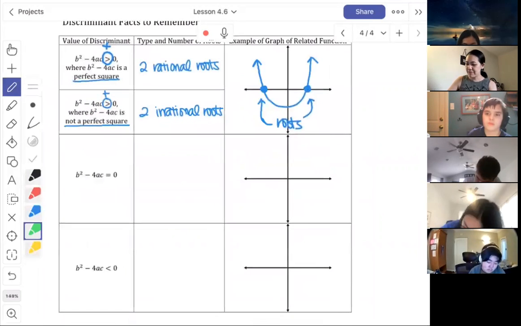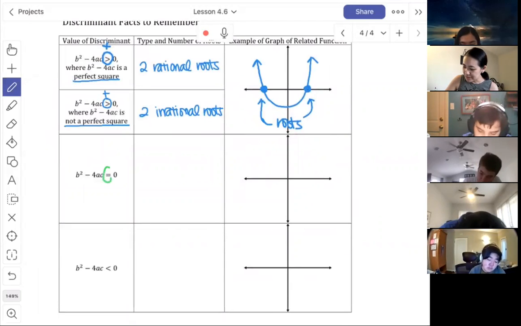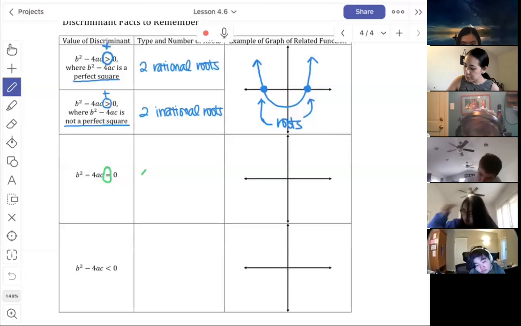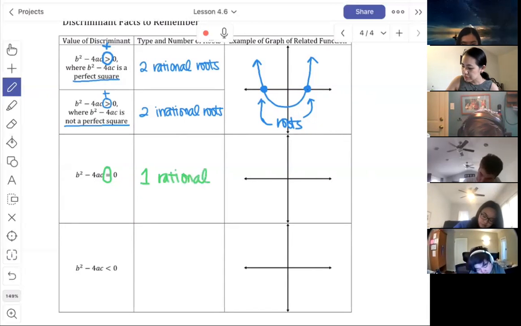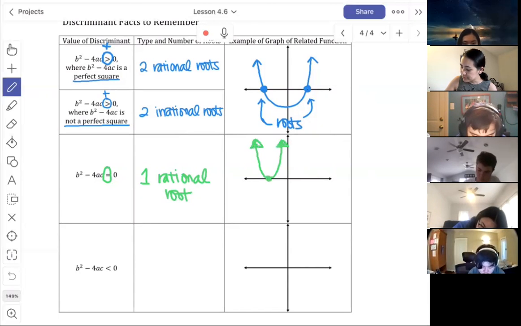Okay, next one. If your discriminant is exactly equal to 0, you're going to get 1 rational root. And visually, this can look like this on your graph, where it hits the x-axis once.